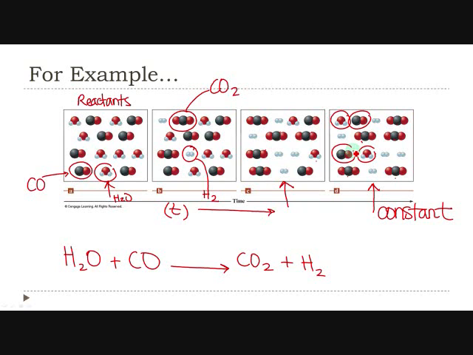If it's constant over time, that means that maybe we created way too much product, and so we had to go back and reform some of the reactants. That reversible side of things is when you can go backwards like that. This was just a way to show by molecules how we can end up being constant over time.